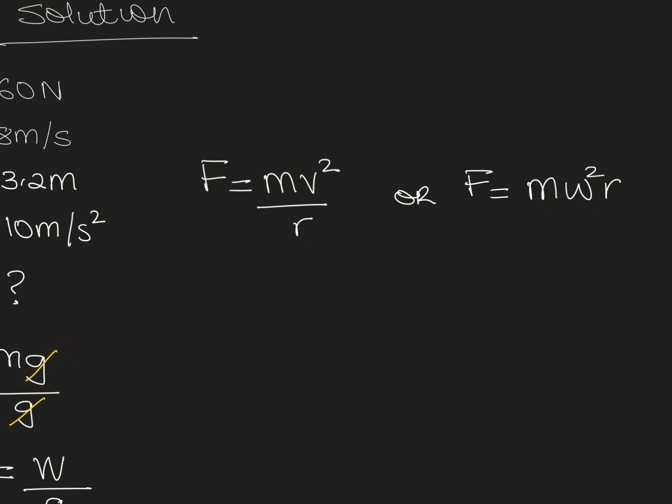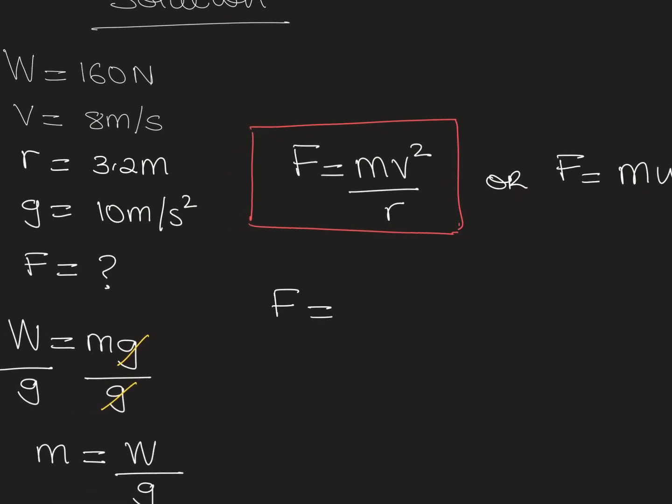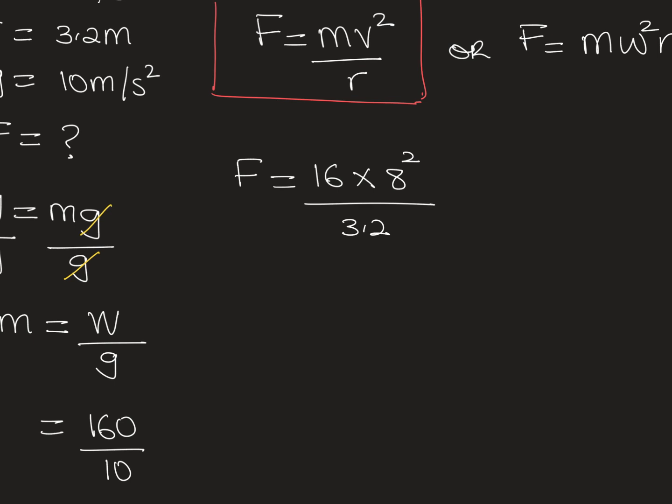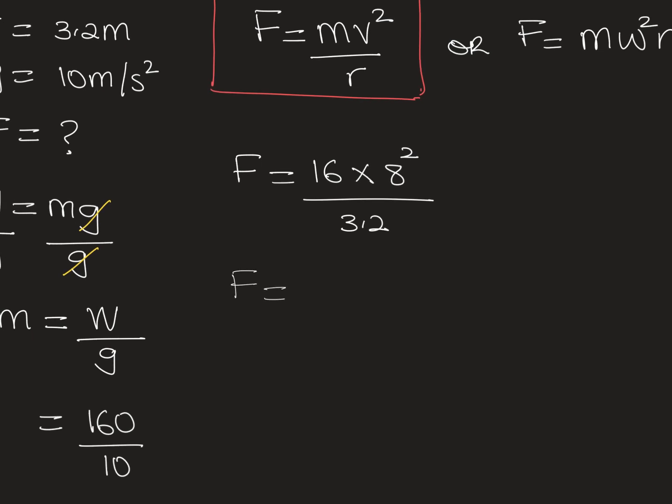Going by this formula, F is equal to mv squared over r. That will be F is equal to the mass of 16 times the velocity of 8 squared, divided by the radius of 3.2.